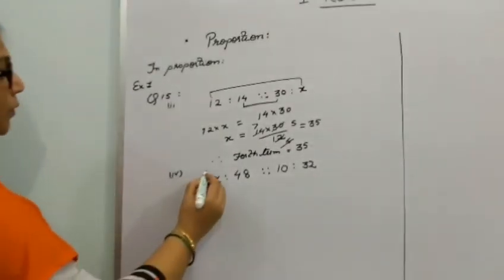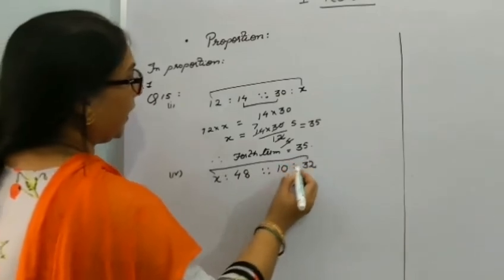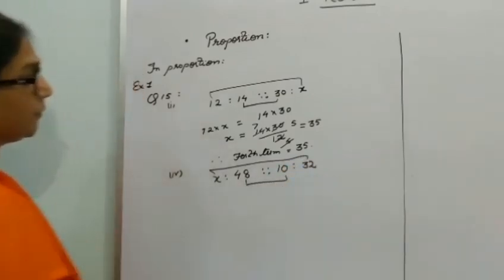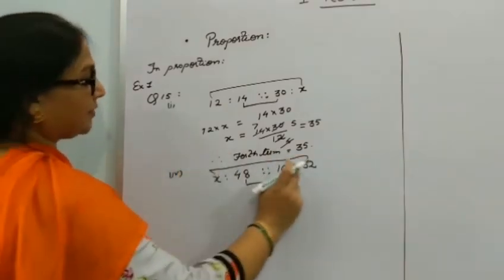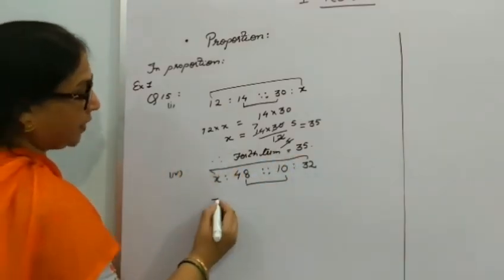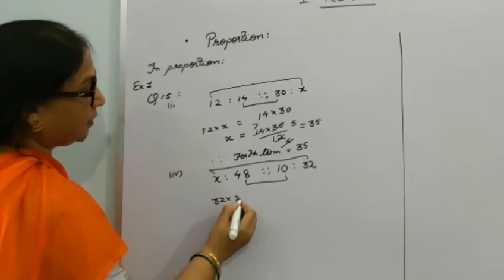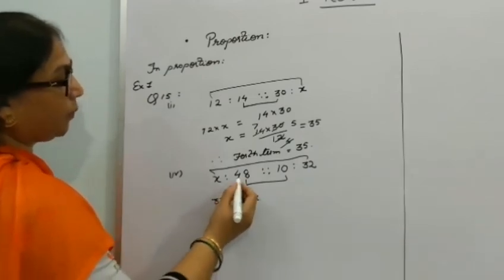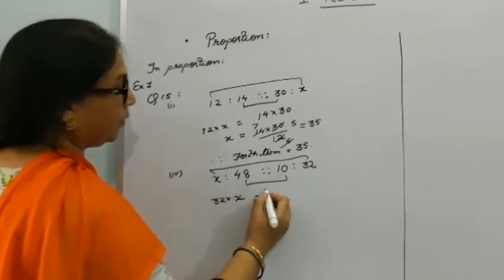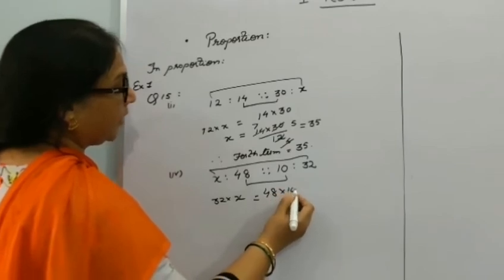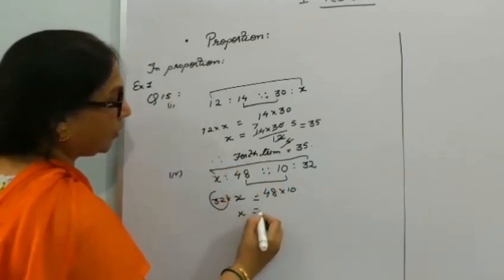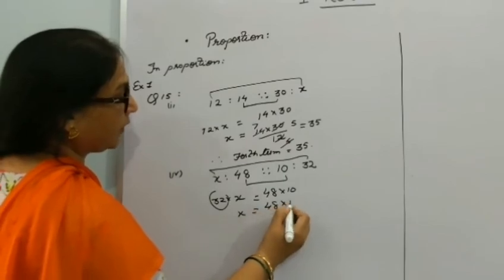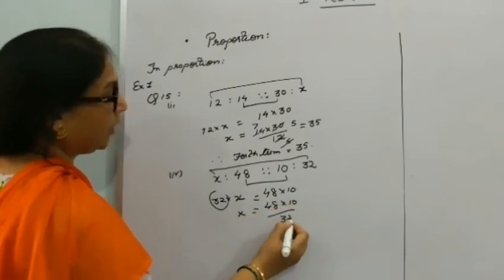Now let's proceed. First you connect the two extreme terms and the two mean terms. As the given ratios are in proportion, the product of extremes, 32 into x, equals the product of means, 48 into 10. Next, transpose 32 to the other side and divide: 48 into 10 by 32.